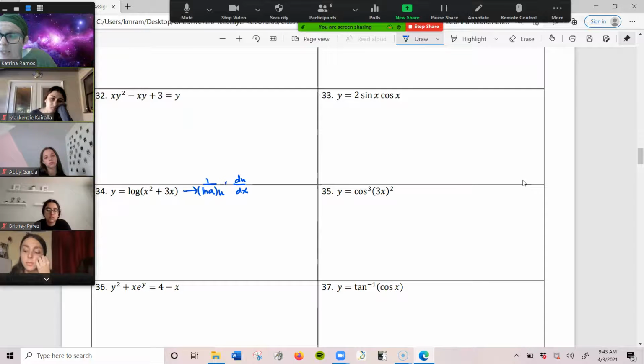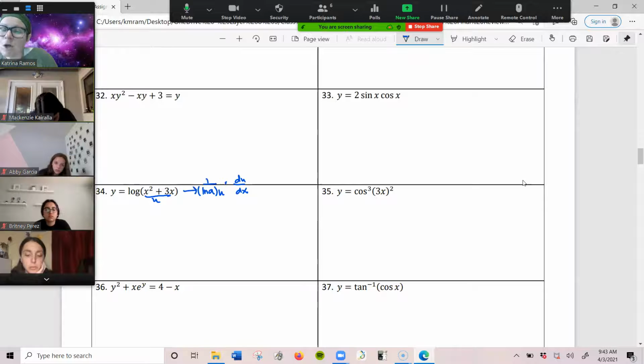A is the base of your log. U is whatever is inside of the log. Is this okay? So this is just the derivative rule for any logarithmic equation.